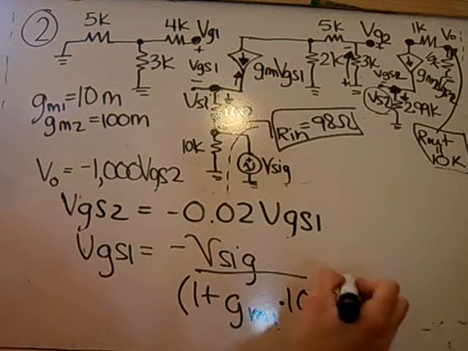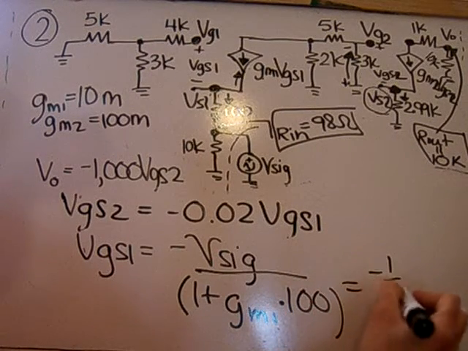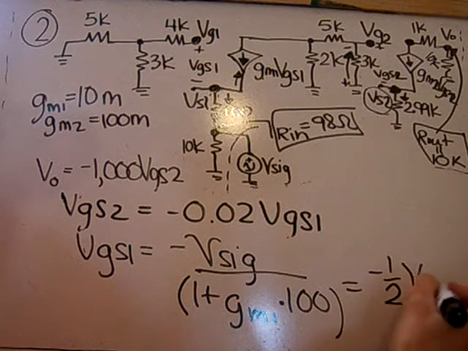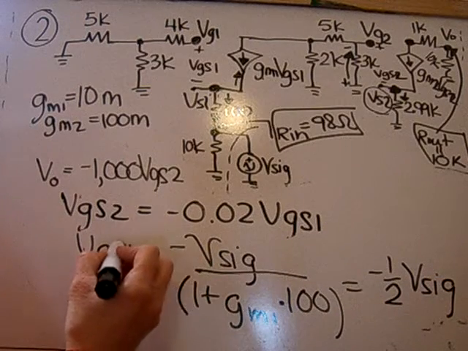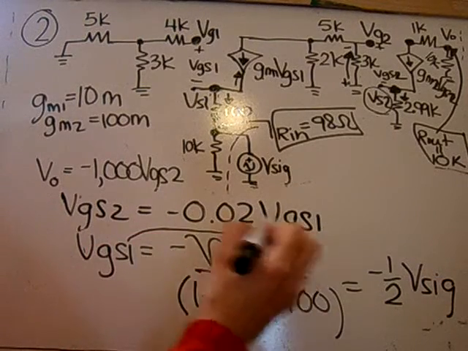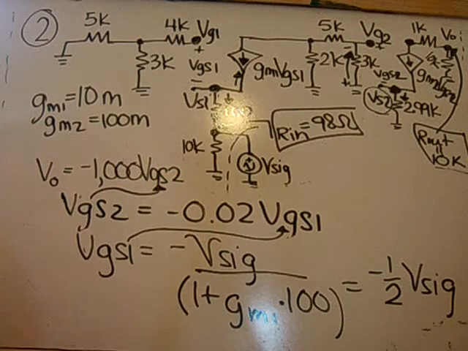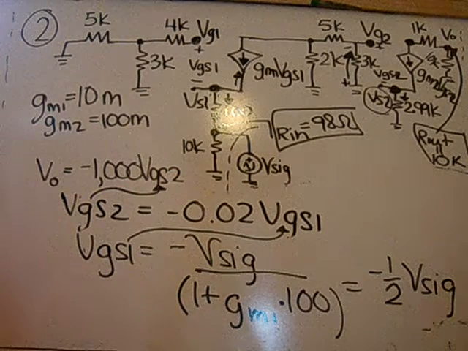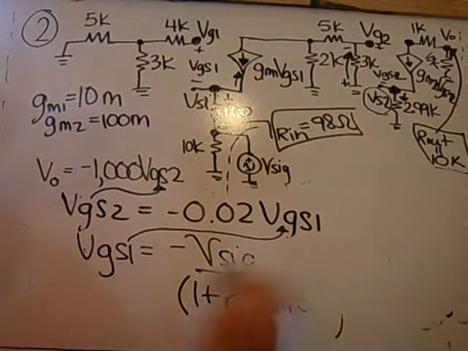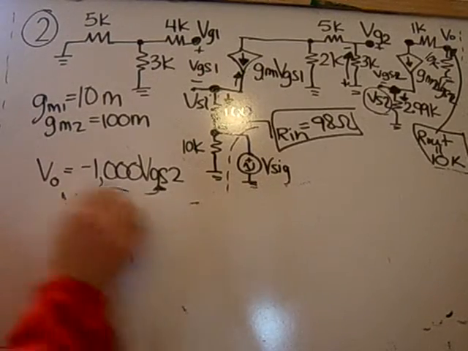So this ends up being a minus 1/2 V sig. So now this value can be plugged in here and this value in here to give V out in terms of V sig. So I'm going to multiply all those together.